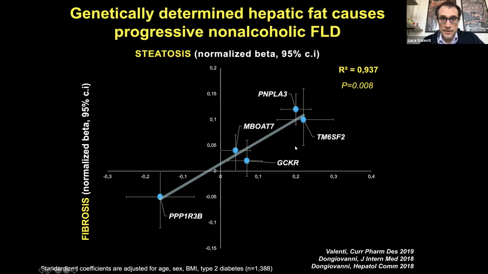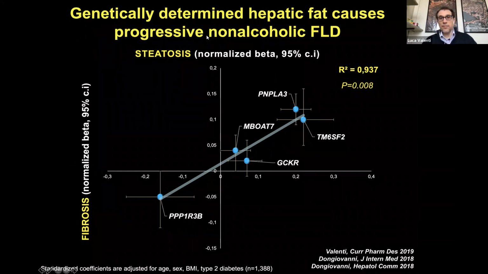So in this slide, you can see plotted the normalized impact of the main genetic risk variants known a couple of years ago to influence hepatic fat accumulation, on the x-axis, on histological steatosis, while on the y-axis there is the impact on fibrosis.